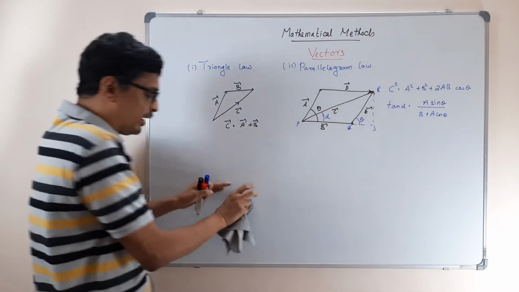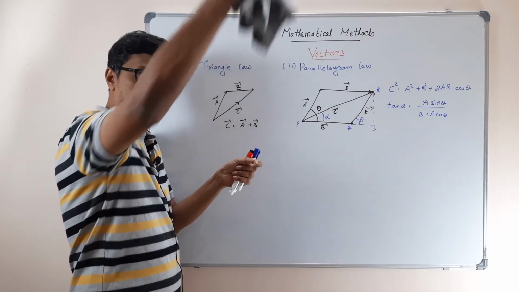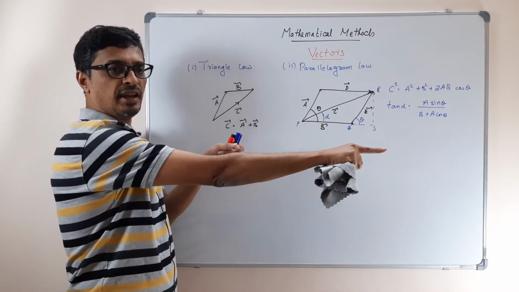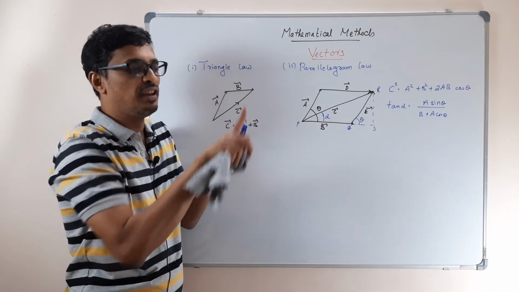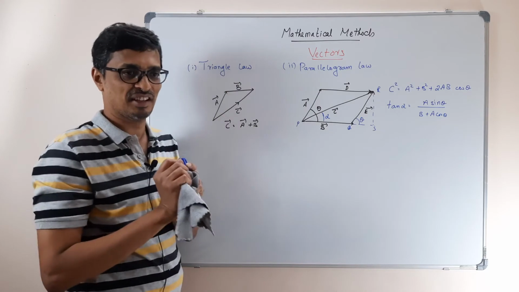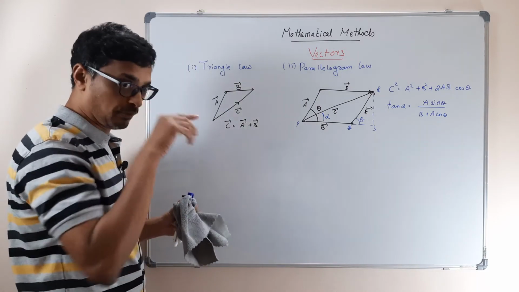I am drawing this in 2D, but in 3 dimensions, if this is the velocity, it can be resolved into Vx, Vy and Vz. So your V will be the sum of all these three, and that's how the triangle comes up. Got it? So you can visualize what is happening.